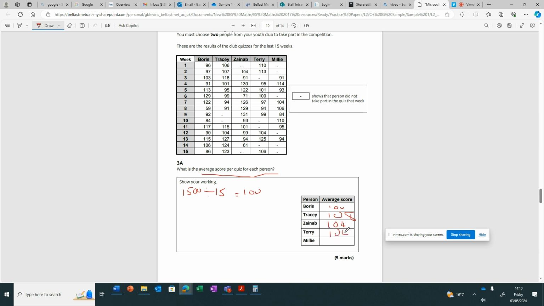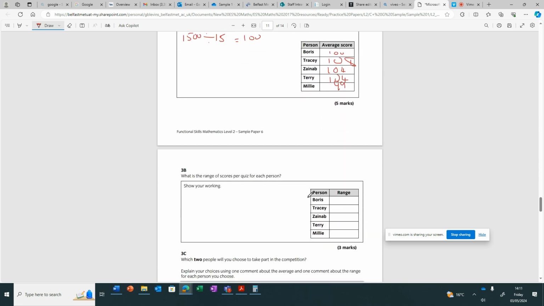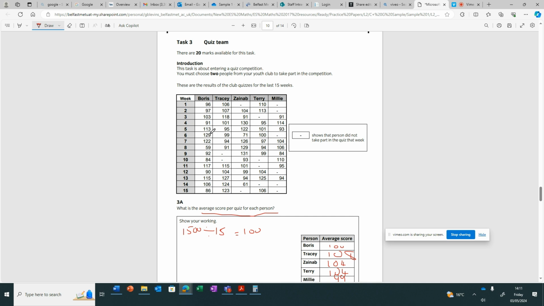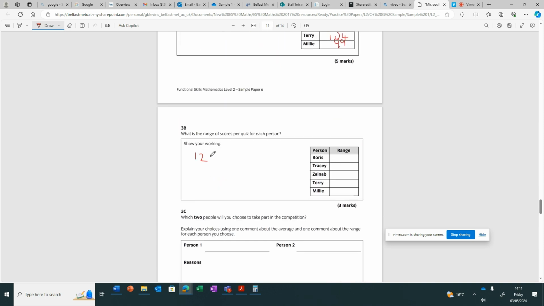That's your mean. Then the range is the highest take away the lowest. So you find Boris's, for example, his highest score, 129 by the looks of it, and 59 is the lowest. So we take 129 and we subtract 59, we get 70, and that's the range. And you do the same process for everyone else.